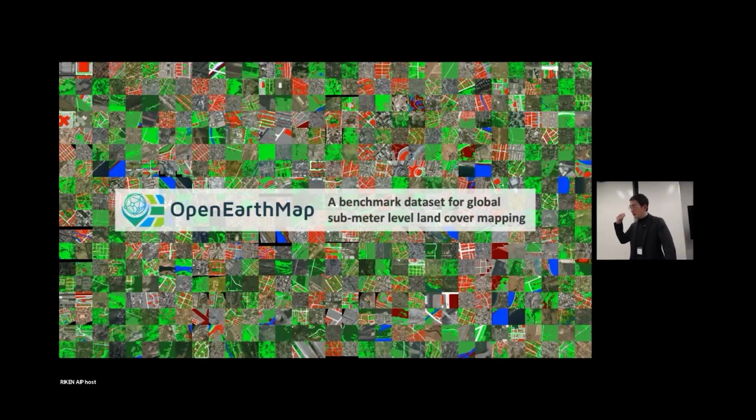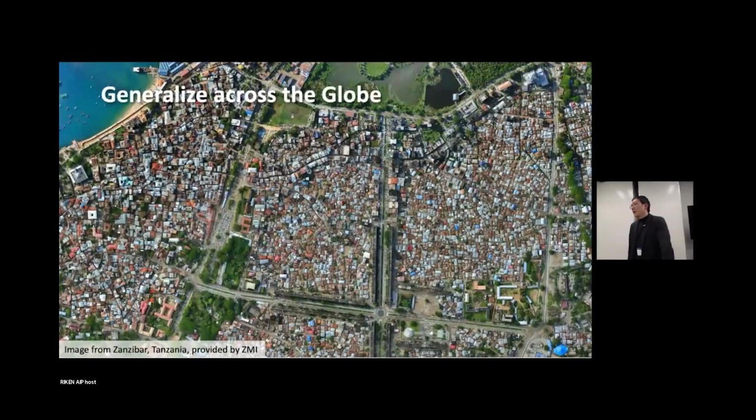Due to the reason I explained before, there was no public dataset covering various regions on the globe when it comes to very high resolution imagery. And we constructed this data, and the model trained on our data works pretty well for images taken from any place on this planet.